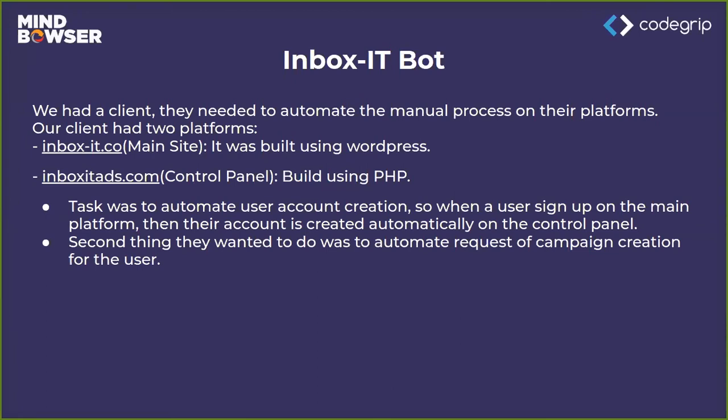For that, there was also a webhook. They were using Contact Form 7, which had a webhook plugin. So we integrated our second API endpoint with that, and we would receive all the details of the campaign, like the email subject, the email body, who it was sending from, the reply email and from email.